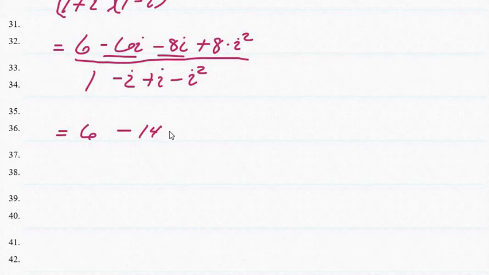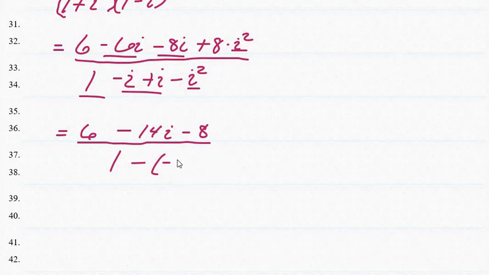I always have problems with that for some reason. Okay, what is this? This is negative 1, remember? So this is going to be minus 8 over, let's look at the bottom. That's going to cancel out. This is going to be negative 1. So we're going to have 1 minus negative 1.